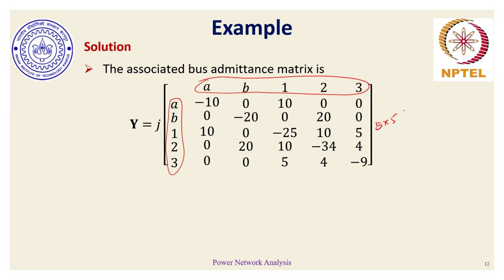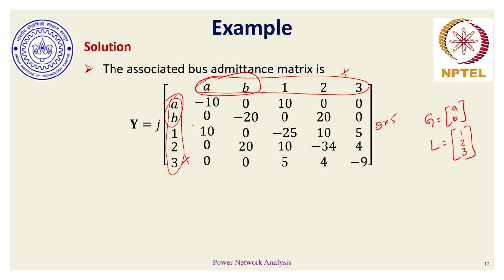Now in this 5 cross 5 Y-bus matrix, I want to retain only buses A and B as row and column labels. Buses 1, 2, 3 in row and column labels should be removed. So essentially, capital G here, which is the set of all buses having internal EMFs, is A and B, and L buses are 1, 2 and 3.